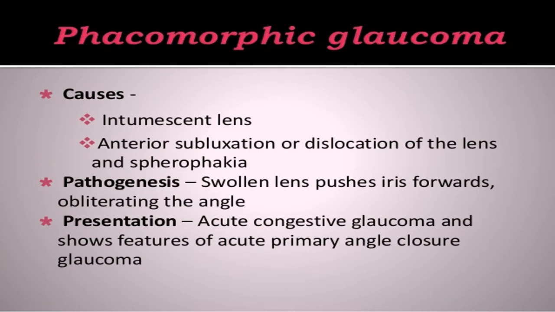It presents like acute congestive glaucoma: the patient will have congestion, watering, sudden loss of vision, and a lot of pain, sometimes associated with vomiting as well as headache. So it is an emergency condition, and we have to attend to it.